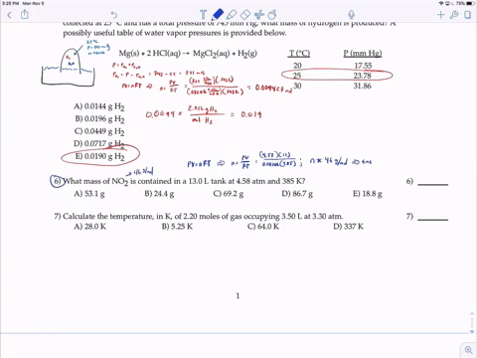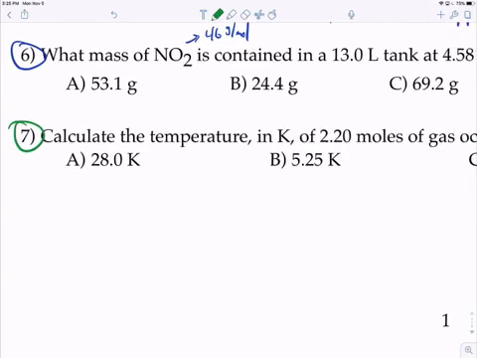Calculate the temperature in kelvins of 2.2 moles of gas occupying 35 liters at 3.3 atmospheres.